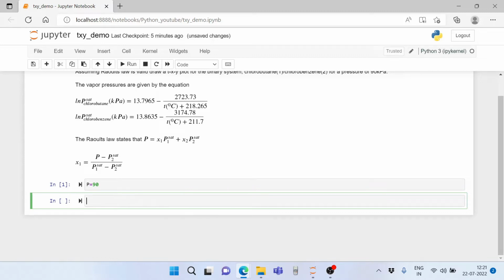Now, the first thing that we need to do is write the models for getting the vapor pressure.